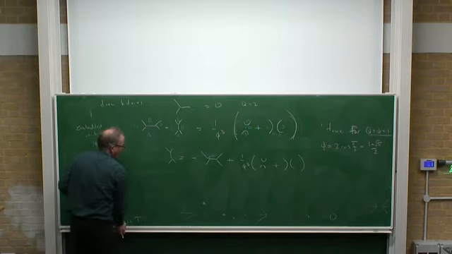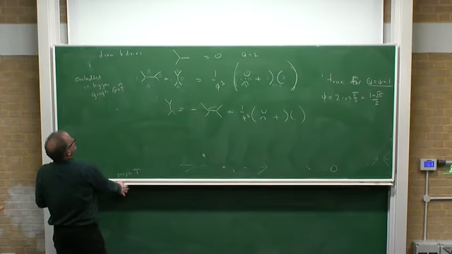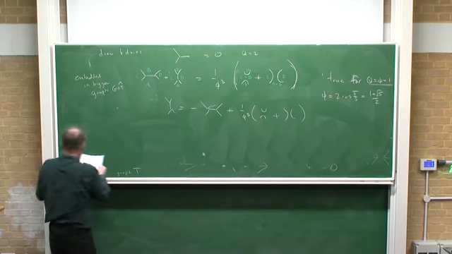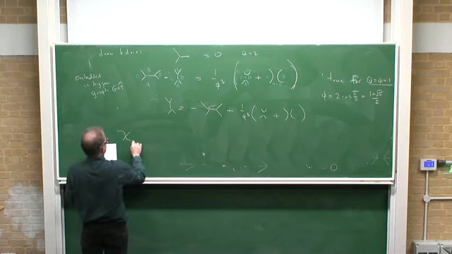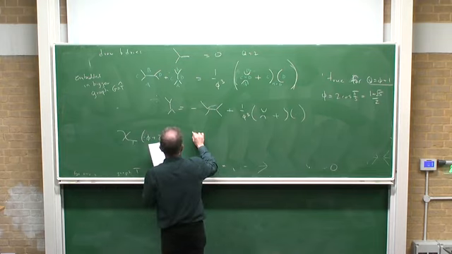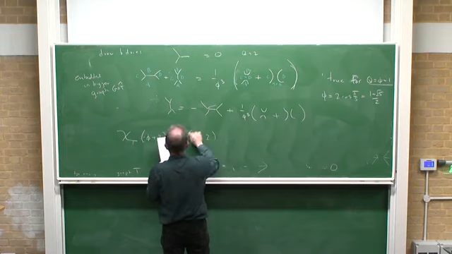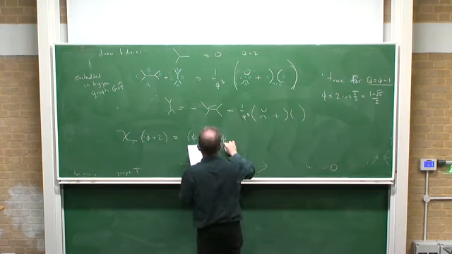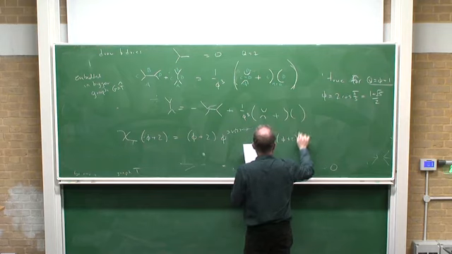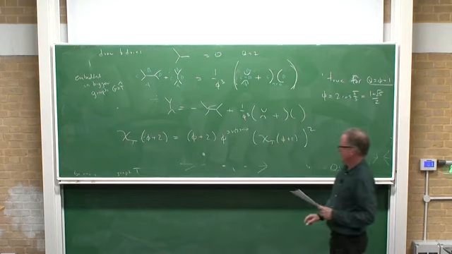An even more bizarre one that's really useful for people who do such things, let me write it out carefully, is the following one. So back to my original. Is this nonlinear identity.